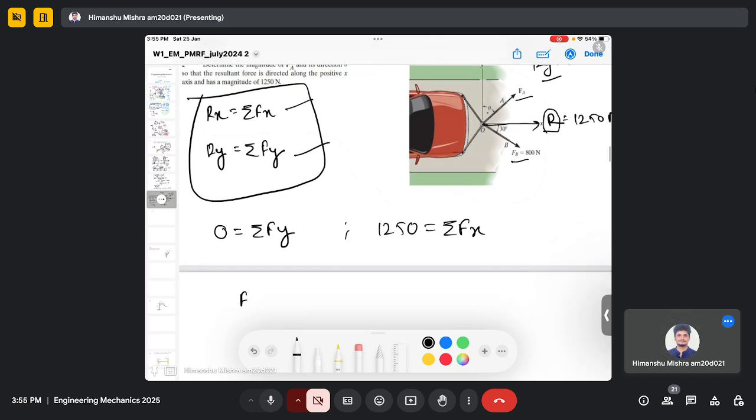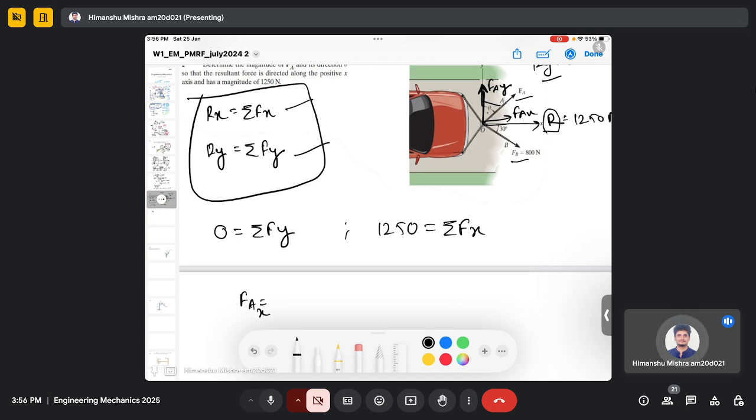So for Fa, you already know how to calculate the x component of Fa, which is F cos theta, because this is your Fay, sorry, it will be sine theta, and this will be your Fax.